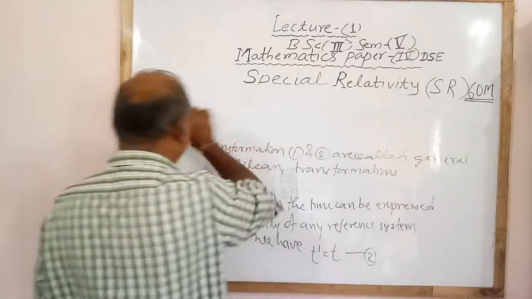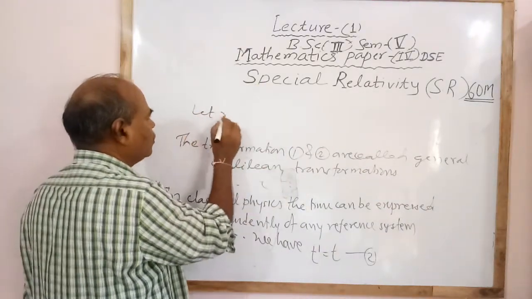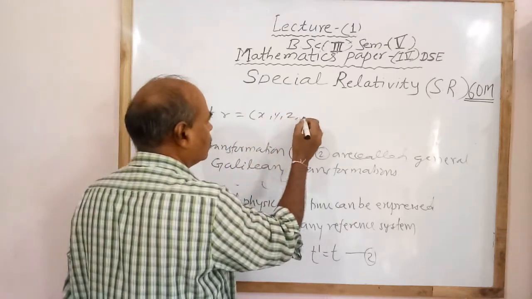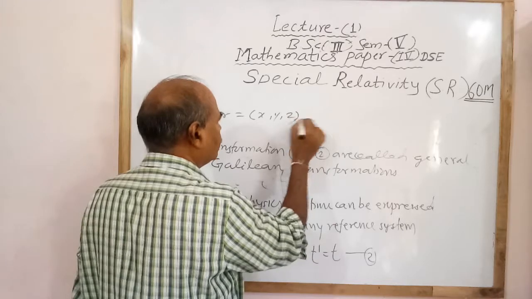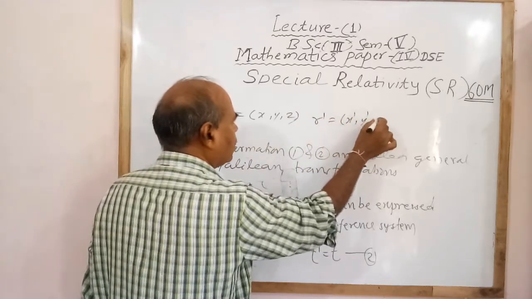Now for this, we let r equal to x, y, z, and we have r dash equal to x dash, y dash, z dash.